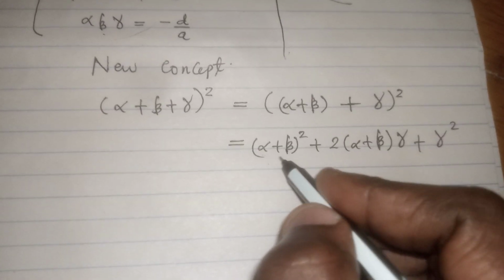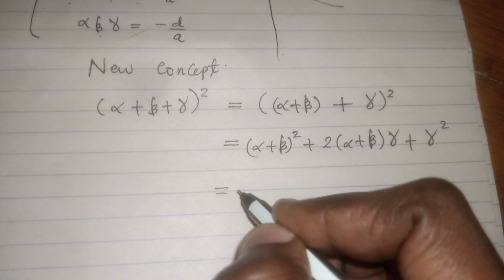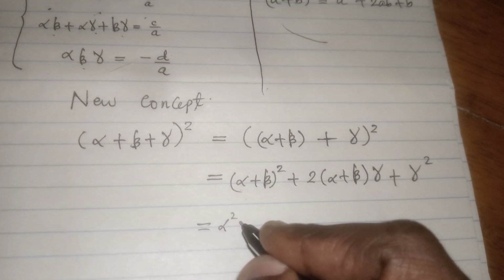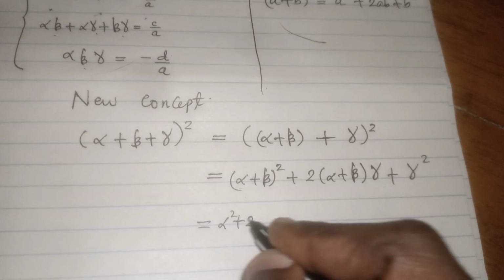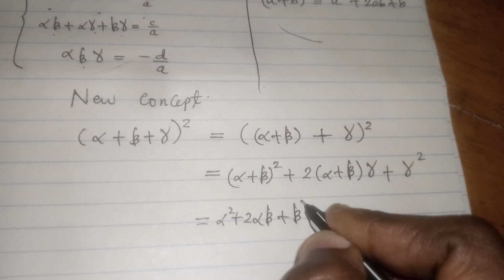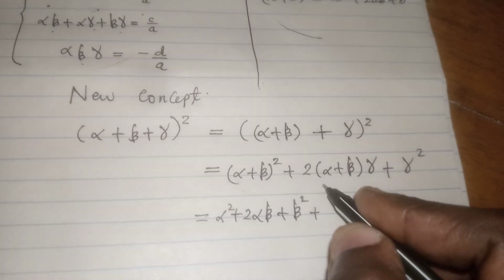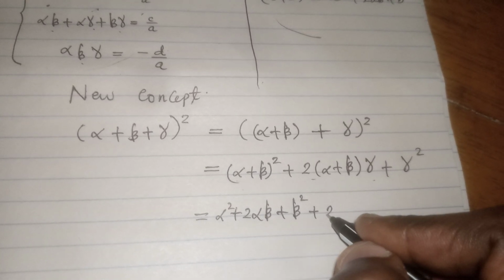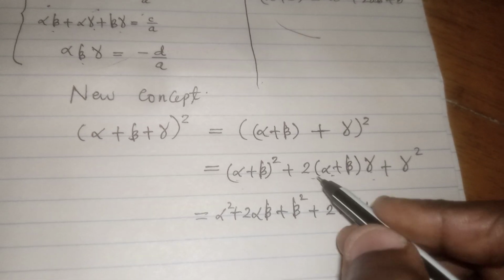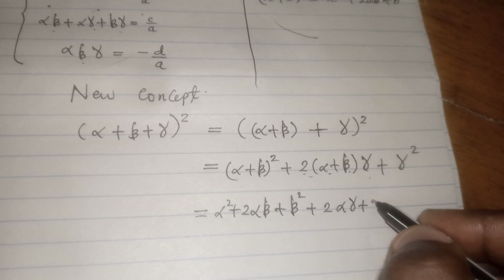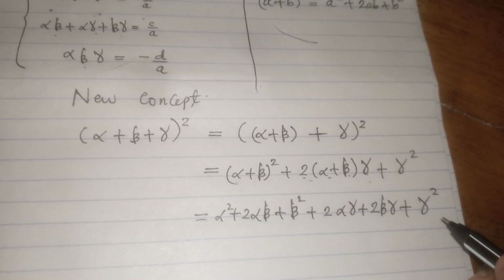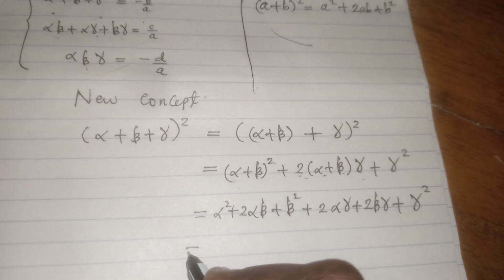Now if we expand this, using this concept, we get alpha squared plus 2 alpha beta plus beta squared. Now if we expand the rest, we get 2 alpha gamma plus 2 beta gamma, then plus gamma squared.